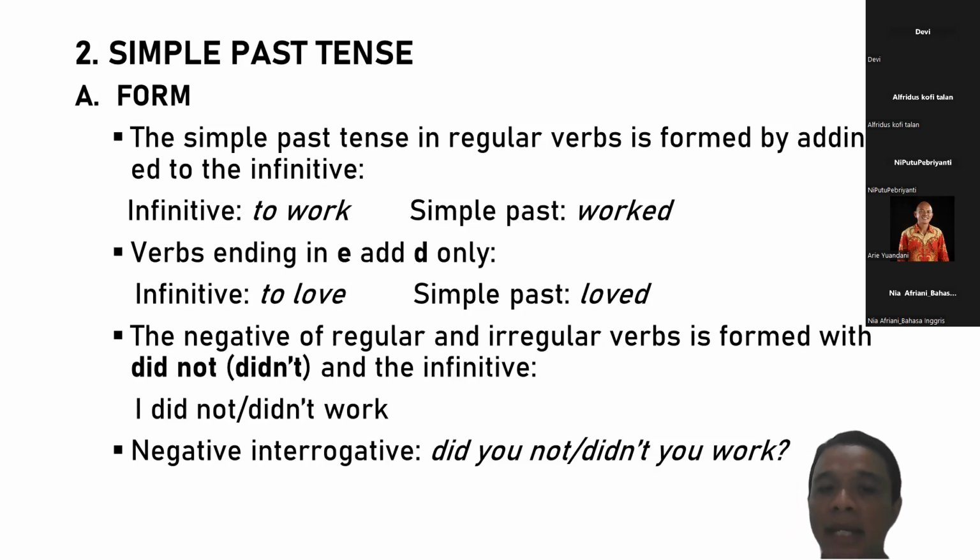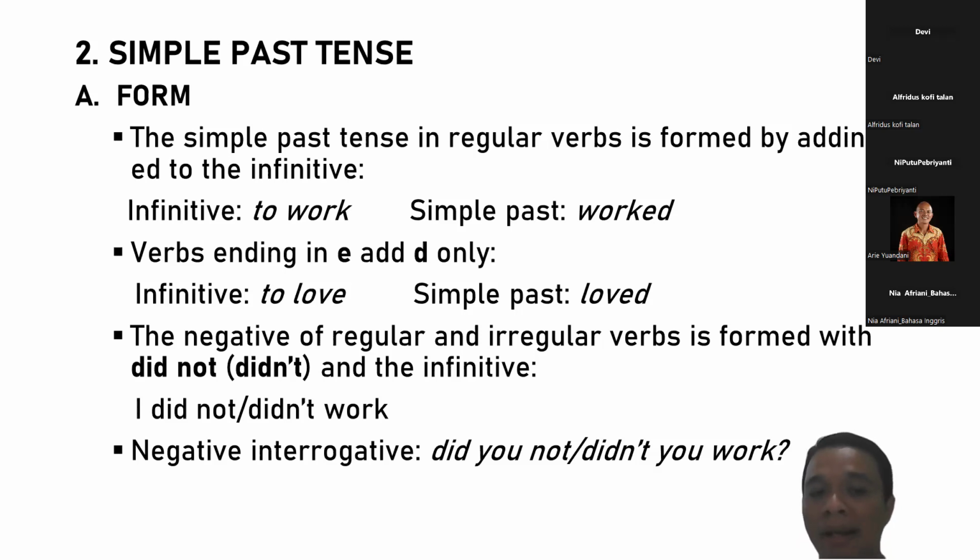Verbs ending in e add d only. For example, the infinitive to love becomes loved in the simple past, with the addition of d. Meanwhile, the negative of regular and irregular verbs is formed with did not, didn't, and the infinitive.